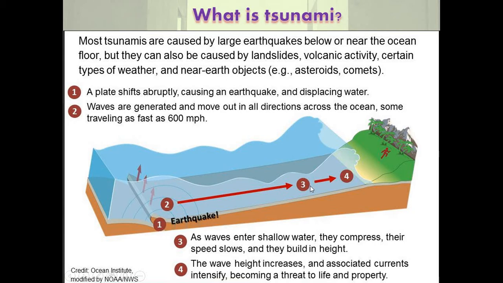Whatever the cause, seawater is displaced with violent motion and swells up, ultimately surging over land with great destructive power. The effects of a tsunami can be unnoticeable or even destructive.